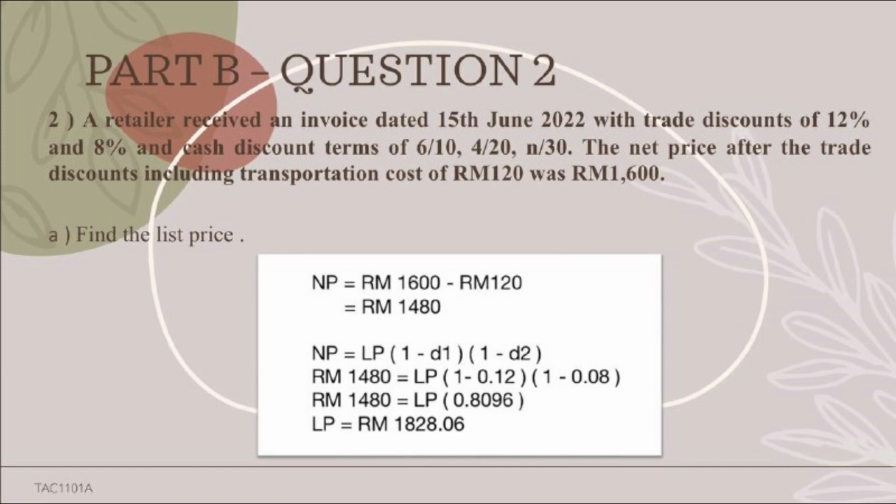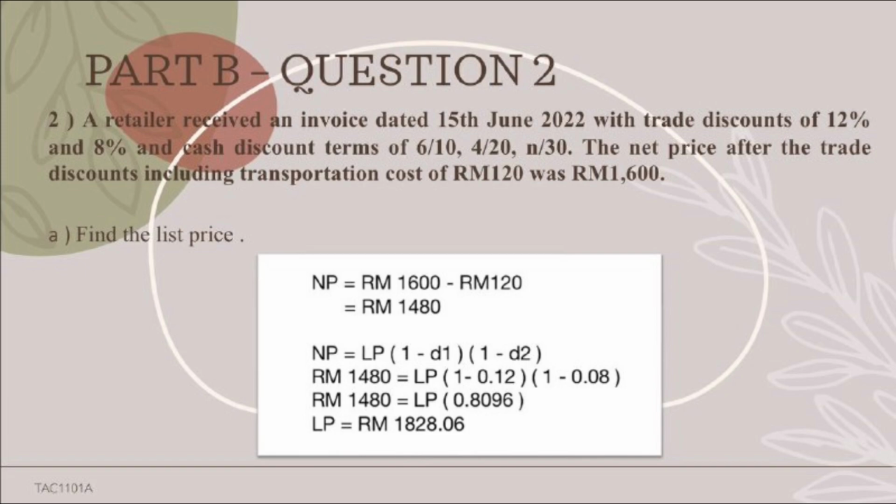Next, back to the question of list price. We need to use the net price formula, which is net price equals list price times 1 minus discount 1 times 1 minus discount 2. We want to find the list price. So the net price that we found is 1,480 ringgit Malaysia equals list price times 1 minus 0.12 times 1 minus 0.08.